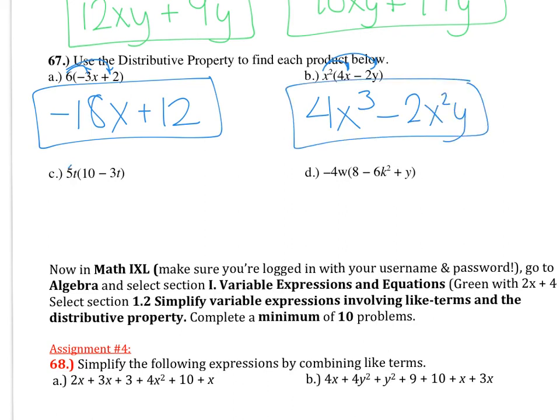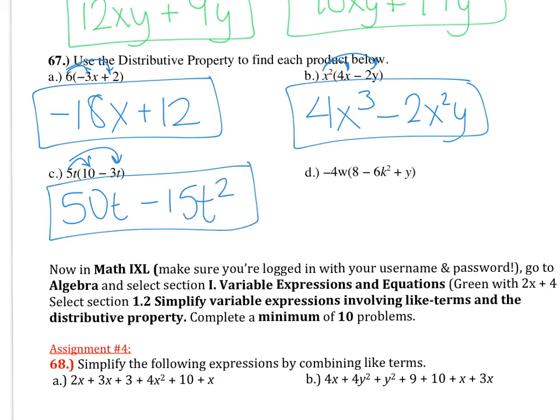Down in C, same deal, multiply inside the parentheses by 5t. So 5t times 10 is 50t. And then negative 3t times 5t is negative 15t squared. And then the last problem, we're going to multiply the trinomial, which is 3 parts, by negative 4w.